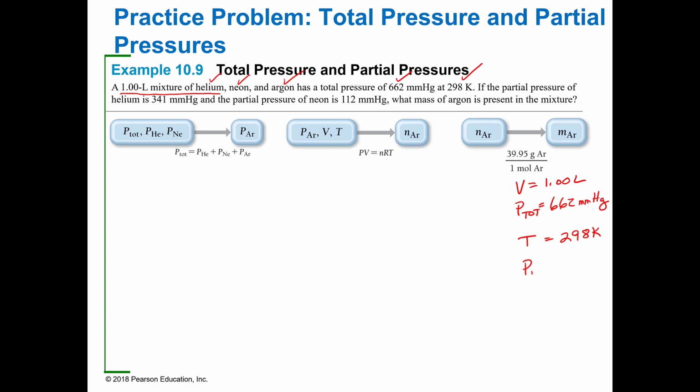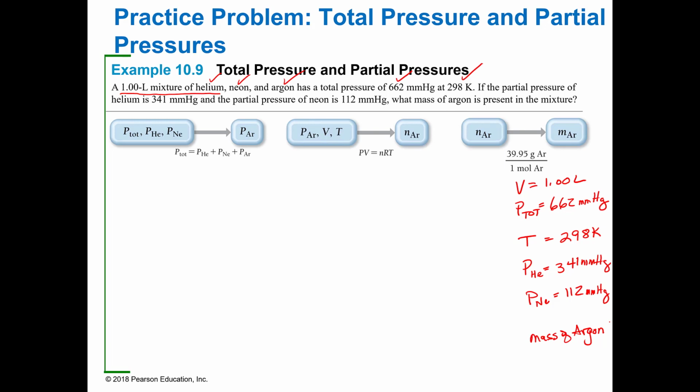The partial pressure of helium is 341. The partial pressure of neon is 112. And it wants to know what is the mass of argon, because that's the third one, okay?